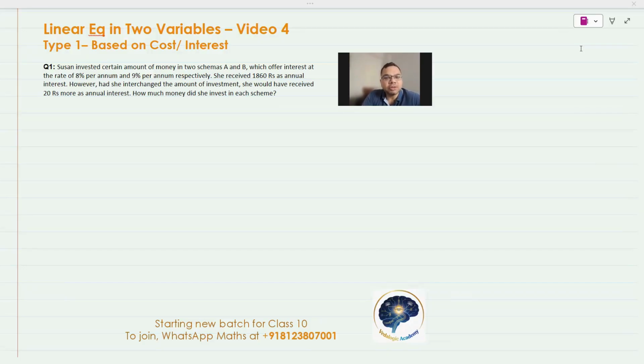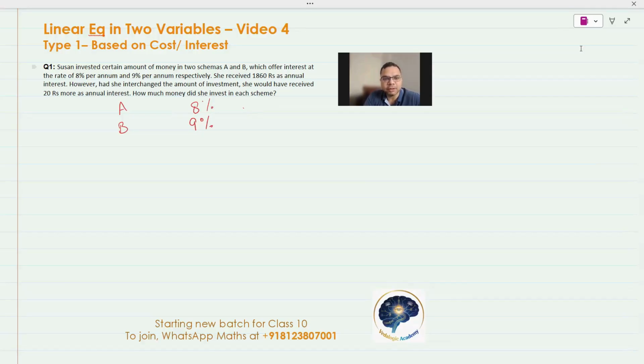The first question that you see on the screen is: Susan invested a certain amount of money in two schemes, A and B, which offer interest at the rate of 8% and 9% per annum respectively. So A gives interest at 8% and B gives 9%, and this is per annum.